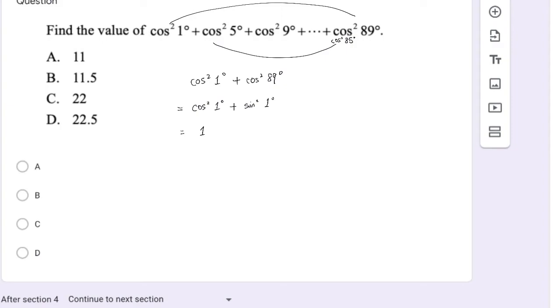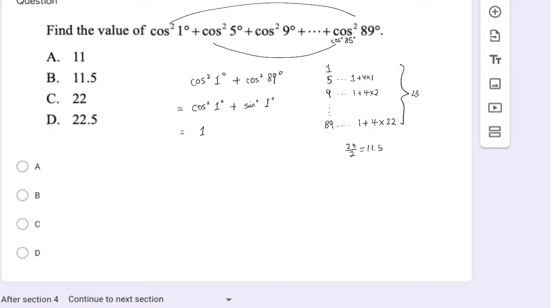So I can give you the hints as well. So I have 1 and then 5 and 9. And then you can count it up to, this is actually equal to 1 plus 4 times 1. This is 1 plus 4 times 2. And for 89, this is equal to 1 plus 4 times 22. That means now how many numbers are there? There will be 23 numbers. If you divide it into 2, you have this 11.5.